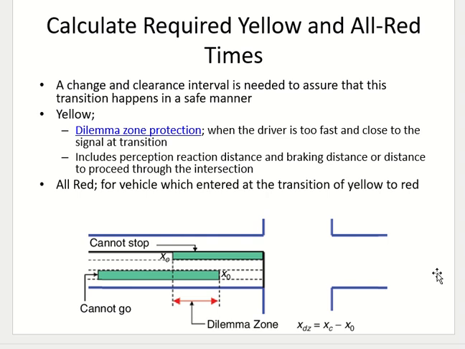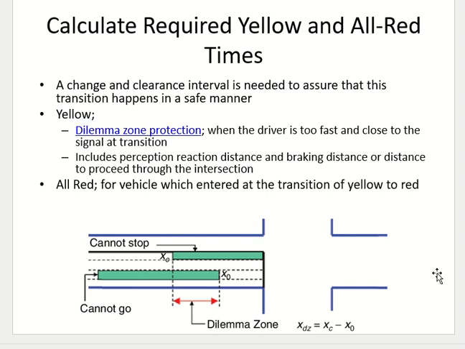And then there are those drivers in the middle who can think about stopping. They are not too far, not too close. So this one is called the dilemma zone. Yellow and all red time is basically for these drivers. Some of them will try to go, some of them will stop.